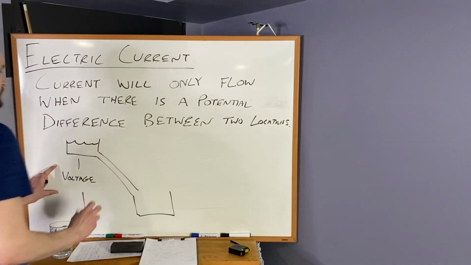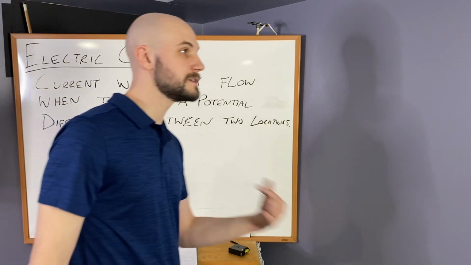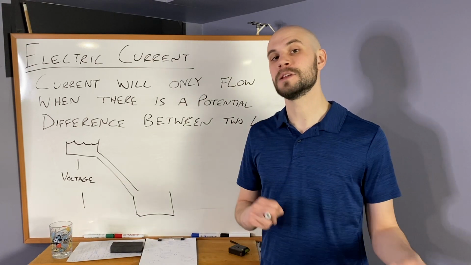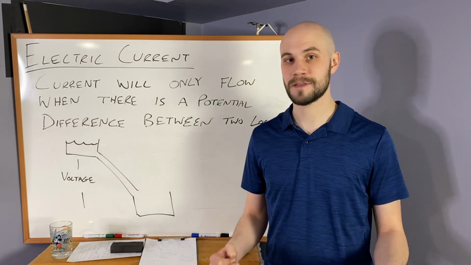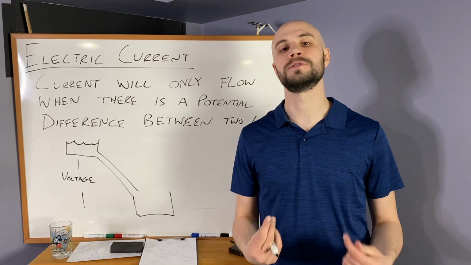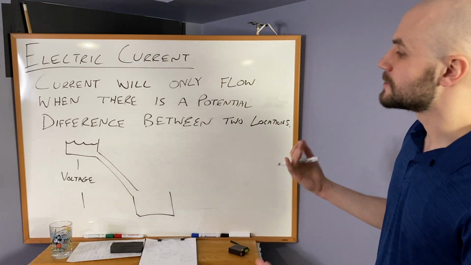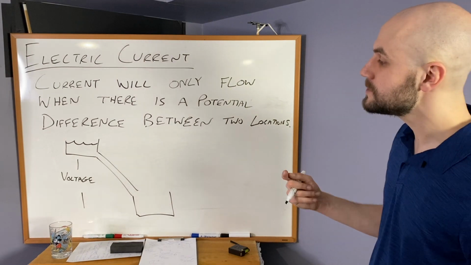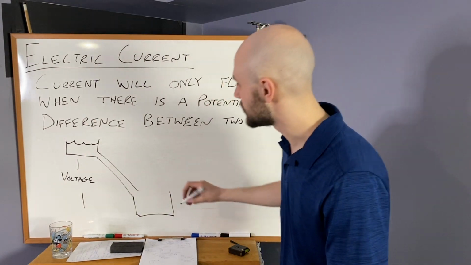So since we're discussing current now, or sort of discussing circuits, I'm going to use voltage interchangeably with potential difference. It means the same thing, but more often this word voltage is used than potential difference. So the voltage is kind of like the height of our waterfall, right? The more voltage you have, the higher height you have from one location to another.